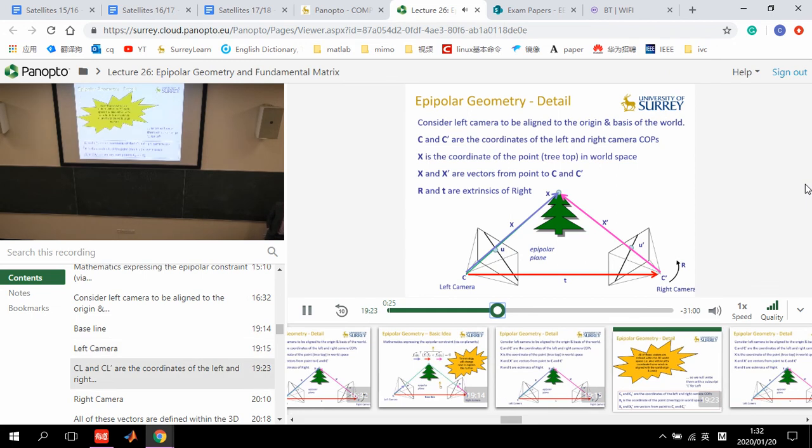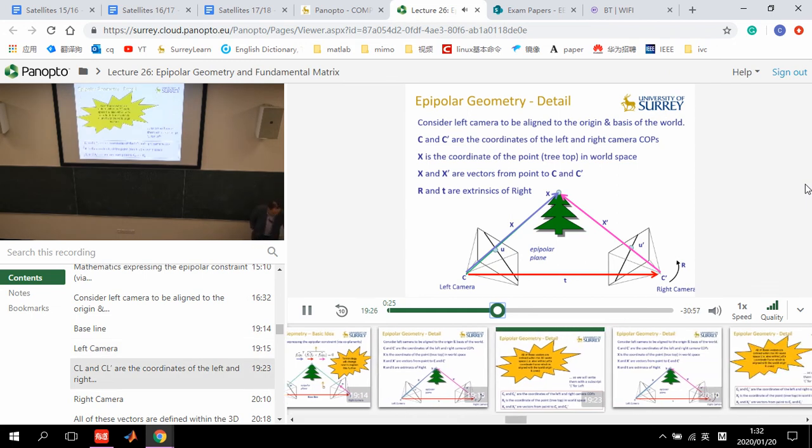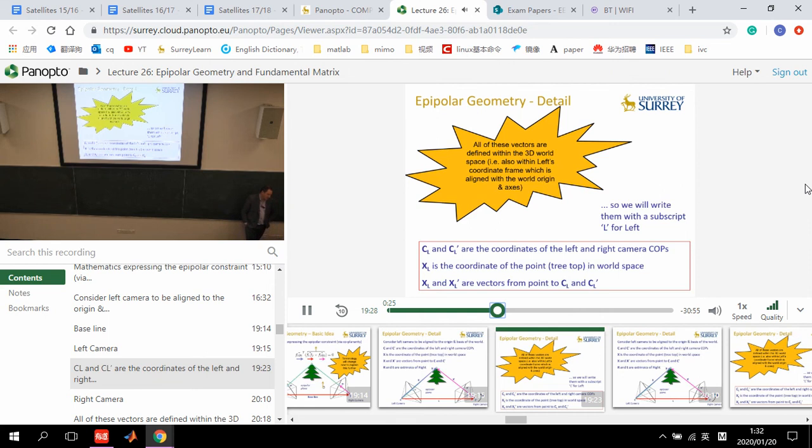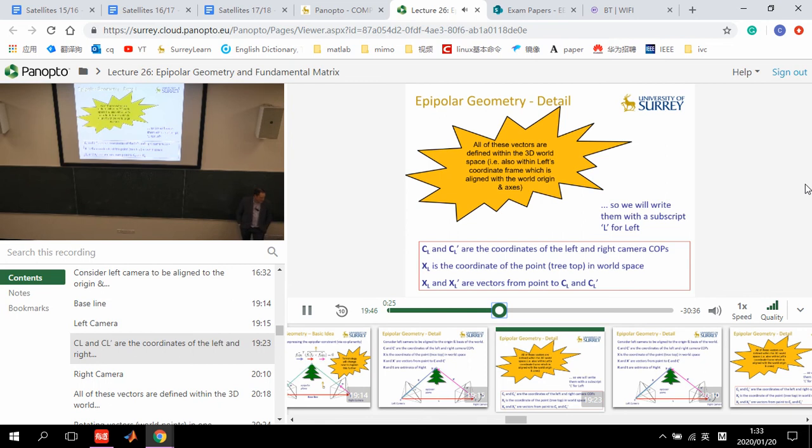Now, all of the vectors that I described on that previous slide were defined within the coordinate system of the world, which, as we said, was the coordinate system of the left-hand camera. So now I'm going to introduce, unfortunately, one final bit of notation, which is a subscript, and the subscript indicates which coordinate system we're talking about. If I put subscript L, I'm talking about the coordinate system of the left-hand camera, which is equivalent to the coordinate system of the world.